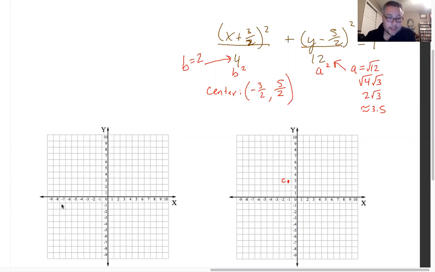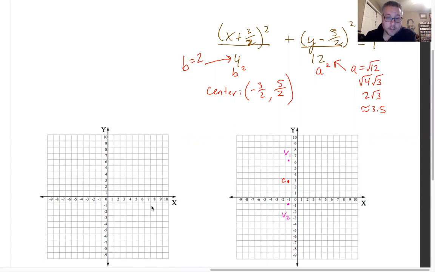So I'm right there. I'm going to go down 1, 2, 3.5 right here. So those are my vertices. I'll put V1 and V2.